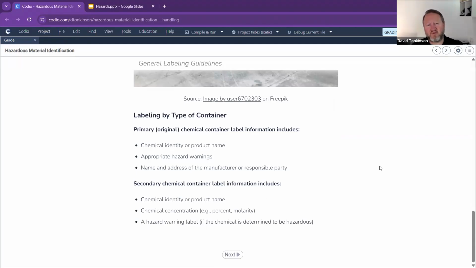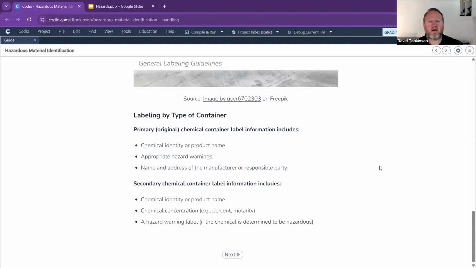We won't worry about it. Not really. We basically need the chemical identifier or product name on that as well. The chemical concentration, because remember, we could be mixing it. We could be taking a pure grade product and essentially diluting it, a bit like we do for our car windscreen washers.